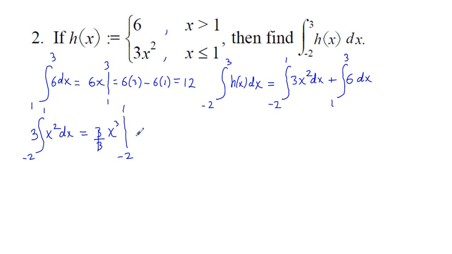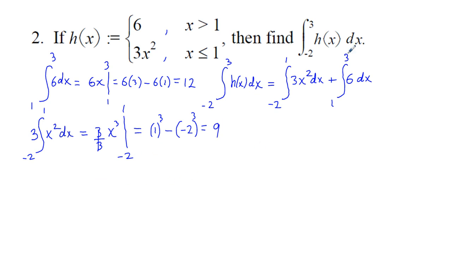The 3 over 3 cancel, so we get 1 cubed minus -2 cubed. For this we get 1 minus -8, since -2 cubed is -8, so we're going to get 9.